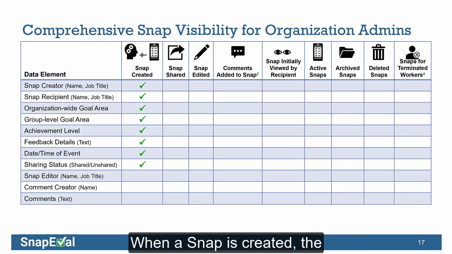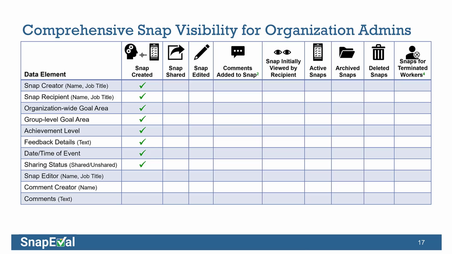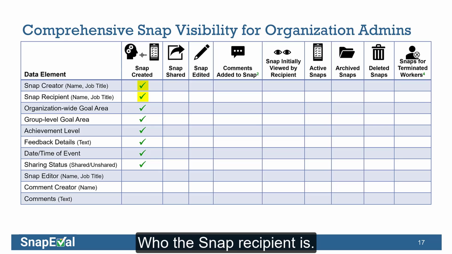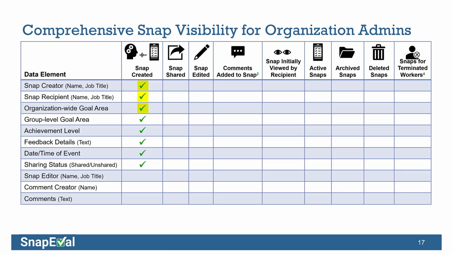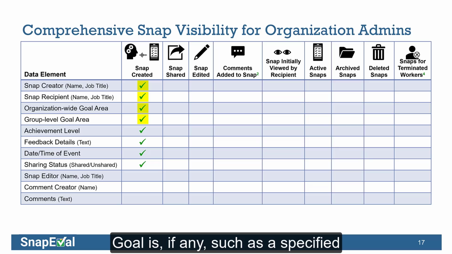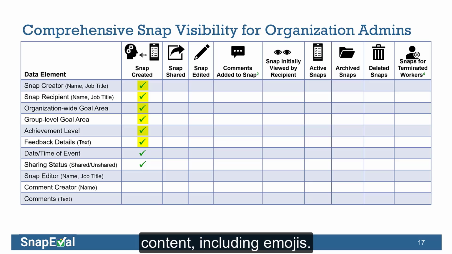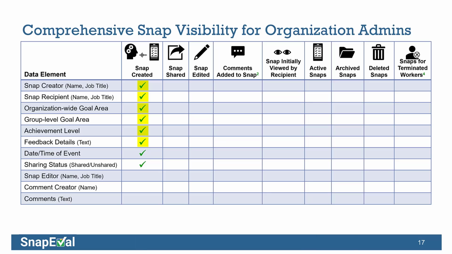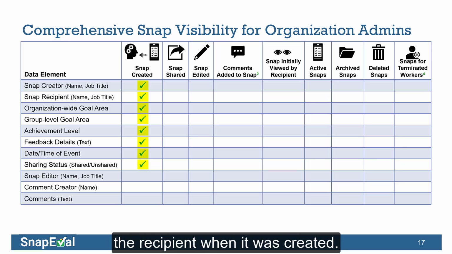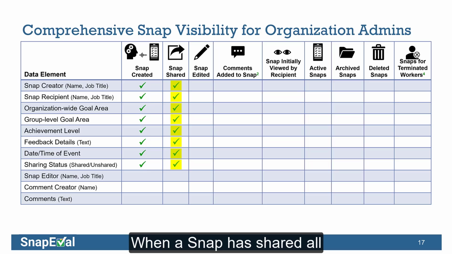When a snap is created, the following data is included: who created the snap, who the snap recipient is, what the organization-wide goal area is, what the associated group level goal is, if any, such as a specified job competency or individual goal, what the achievement level is, the feedback details text content, including emojis, the date and time that it was created, whether or not it was shared with the recipient when it was created. When a snap is shared, all the same data is included.